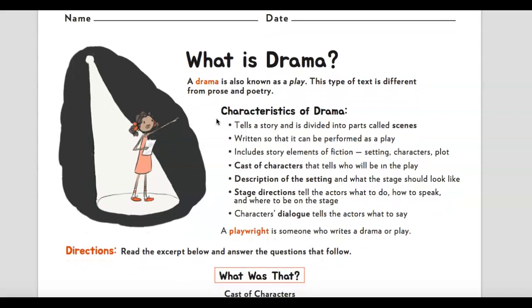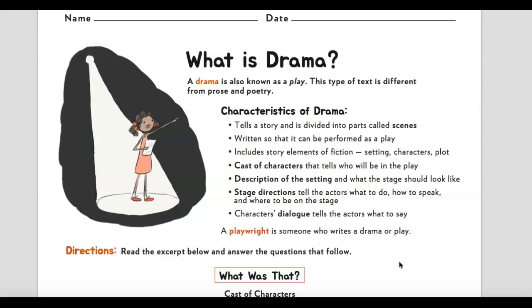A drama tells a story and is divided into parts called scenes, written so that it can be performed as a play. It includes story elements of fiction like setting, character, plot, and it has a cast of characters that tells who will be in the play, and there's a description of the setting and what the stage should look like.